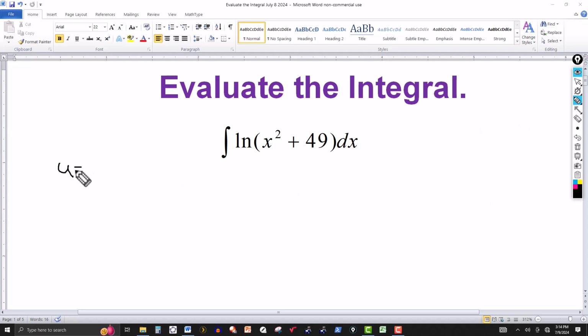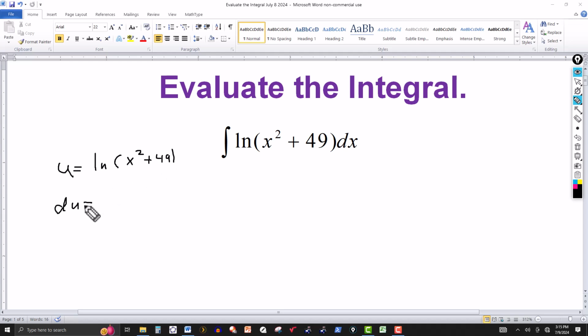So we want to find u, something we can differentiate. Sometimes it's difficult to integrate the natural log function, but it's very easy to take the derivative of it. So let's set u equal to natural log of x squared plus 49.